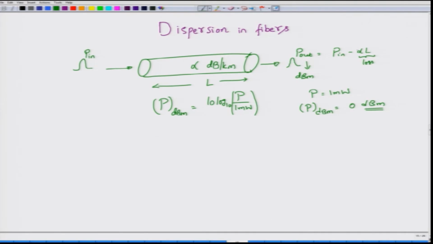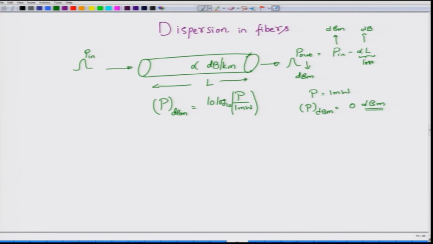So, the quantity alpha L will be in units of dB, whereas P in will be in units of dBm, and one can take into account the gain of a system by adding the gain in decibels to the power expressed in dBm.